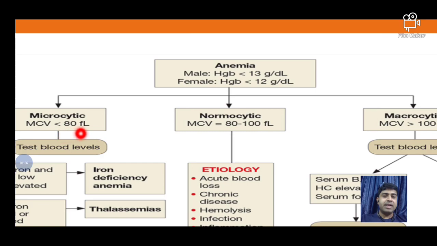If it is less than 80 femtoliter, we call it microcytic anemia. You can see that the size of the cell is less than normal on the peripheral smear. Normocytic anemia is when the size of the cell is normal, and macrocytic anemia is when the size of the cell is larger than normal.